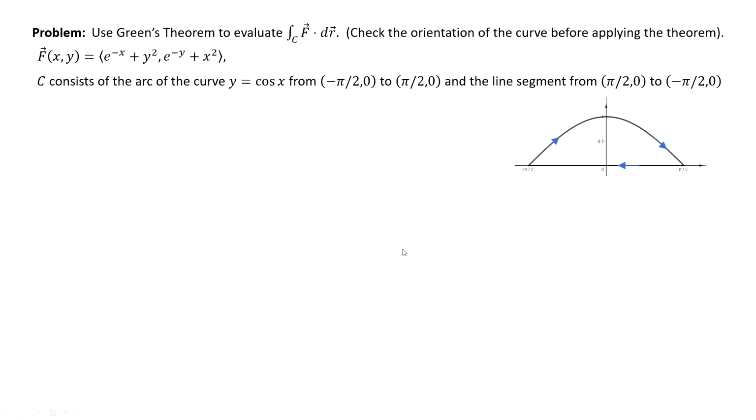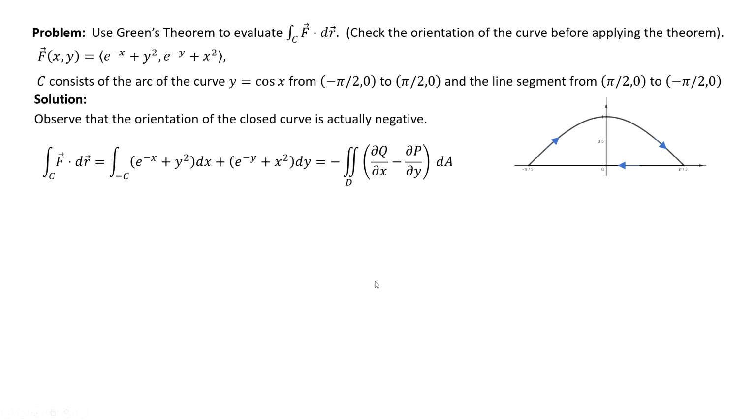Okay. What orientation is this? Notice the arrows show us that in fact this is clockwise. Absolutely imperative that you recognize that. Why? You will see that the orientation of the closed curve is actually negative.